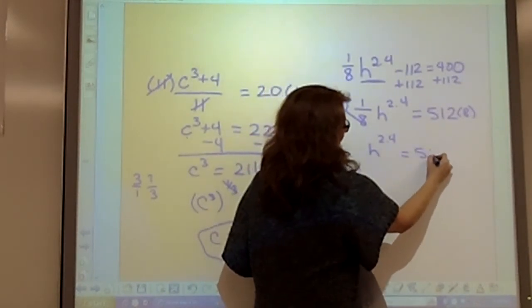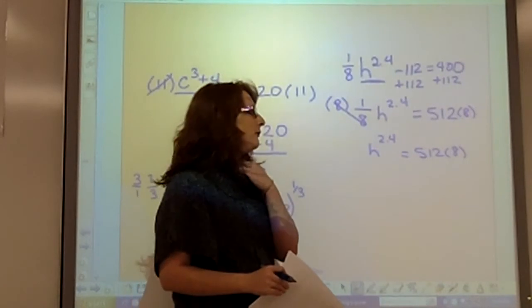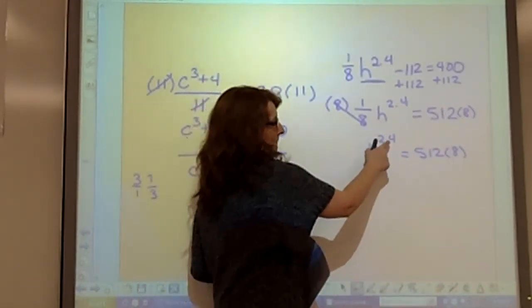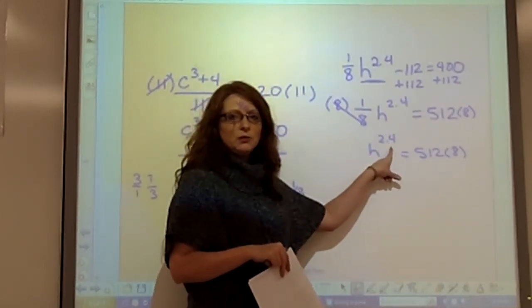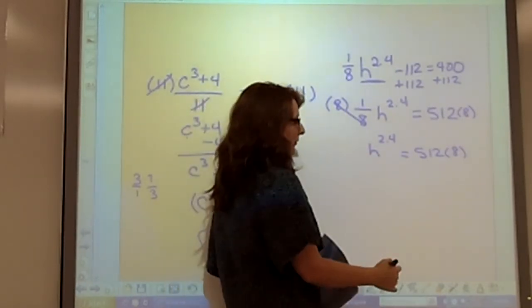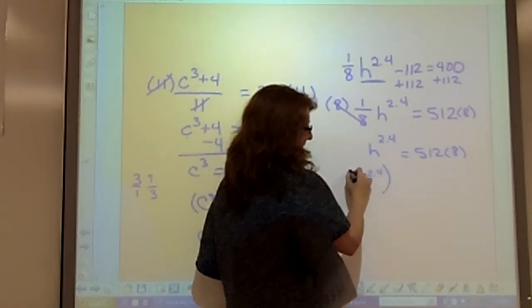So I've got h to the 2.4 equals 512 times 8. Now there's two ways I can do this. I can either turn that into a fraction and use it that way, or I can just think of this as a whole number, 2.4 over 1. So I can say h to the 2.4.